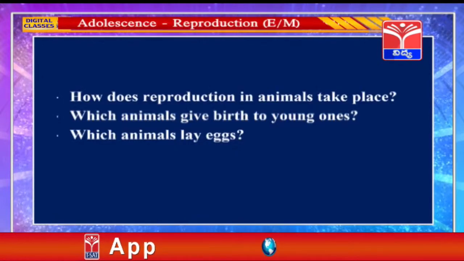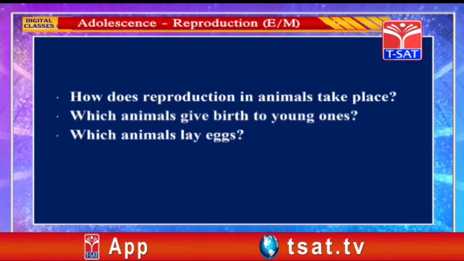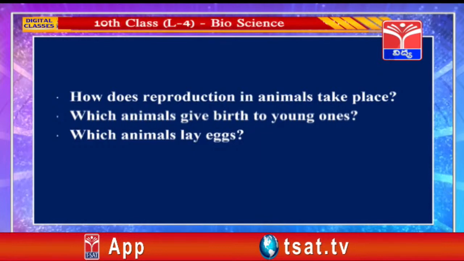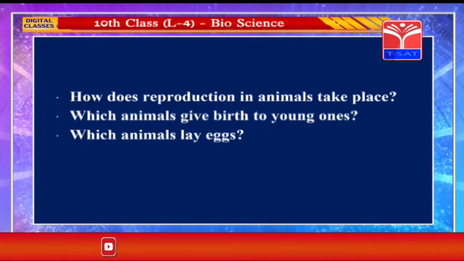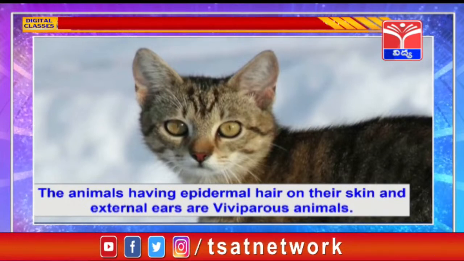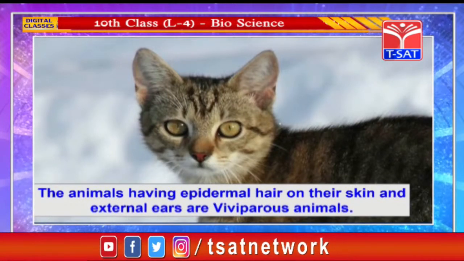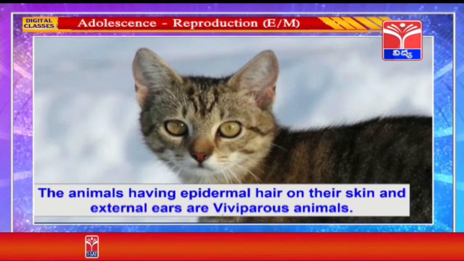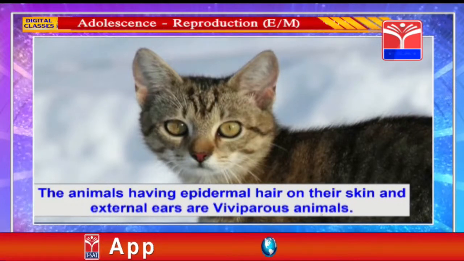How does reproduction in animals take place? Which animals give birth to young ones? Which animals lay eggs? Let us see. The animals having epidermal hair on their skin and external ears are called viviparous animals.